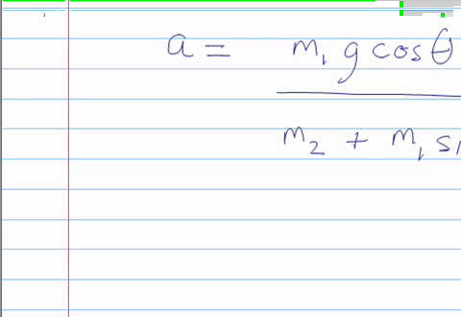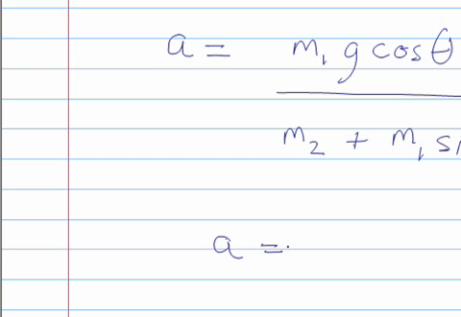Then if I put the numbers in, because I know what m1 is, I know what g is, I know what theta is, I know what m2 is, I can find the value, 1.06 for a.